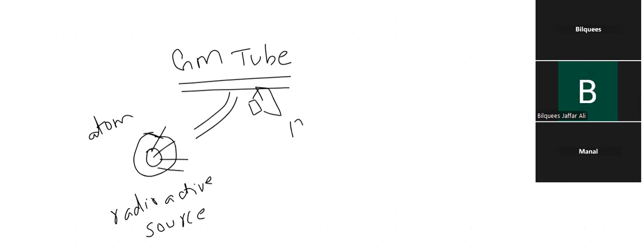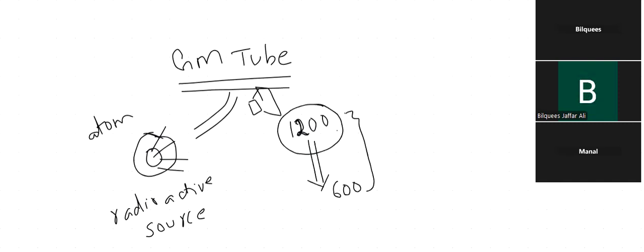When this tube is placed in front of this radioactive source, say the count is 1,200, in order to become 600, that means the first half is known as its half-life.